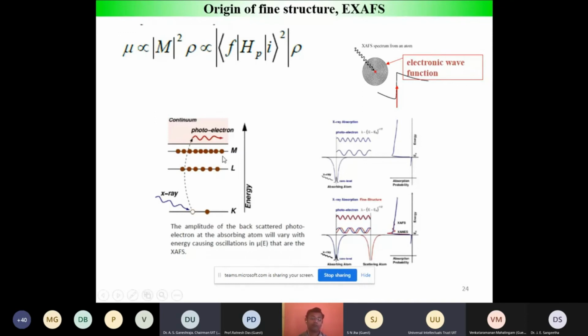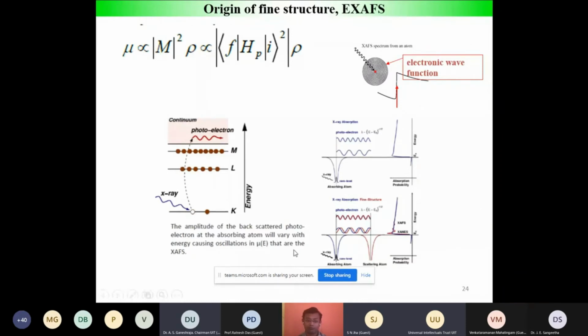So the amplitude of the backscattered photoelectron at the absorbing atom will vary with the energy, causing the oscillations in the mu(E), and that is called EXAFS. Basically, this is the X-ray wave which is shining on the material, and this is the wave coming out. If there is no backscatterer, then you see just an outgoing wave propagating, and it will decay, but it will not give any oscillations.